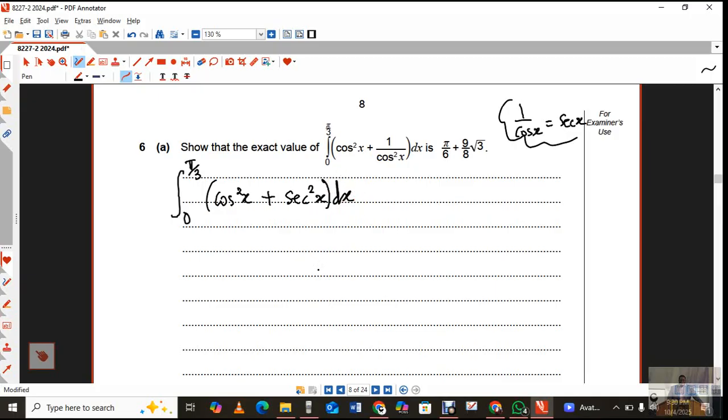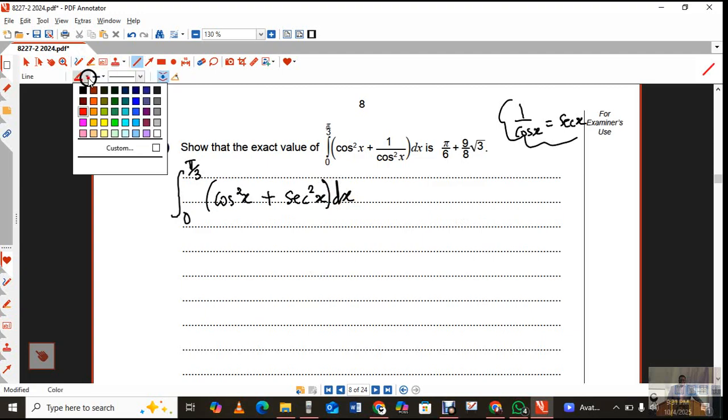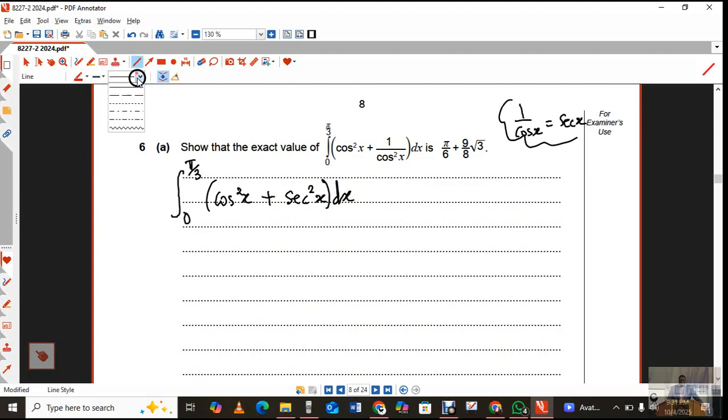Okay. Then I'll have to know also from my compound angle, and hopefully it's going to fit over here. I know that this I can write, because you cannot really integrate that.